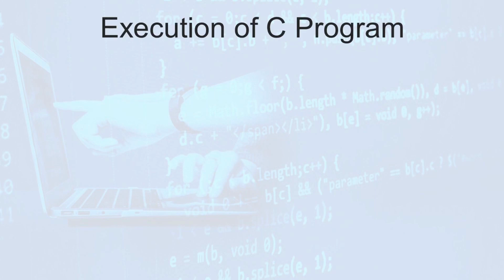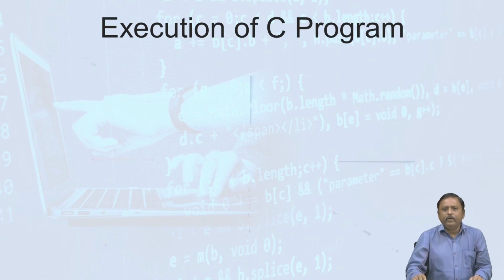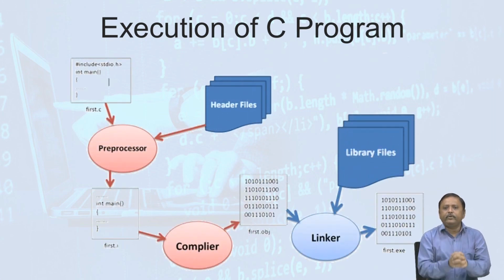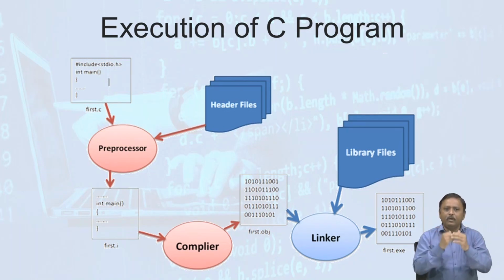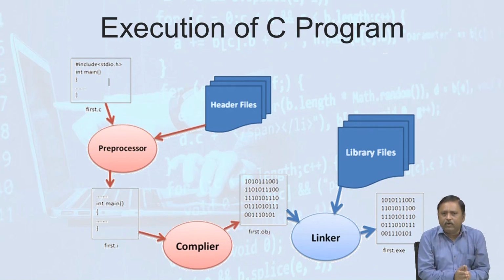Now once you write your program, you need to execute that program. So we now know that the execution of a C program always starts with the opening brace of the main function. If you write some include statements in your program, then stdio.h and conio.h are known as header files.